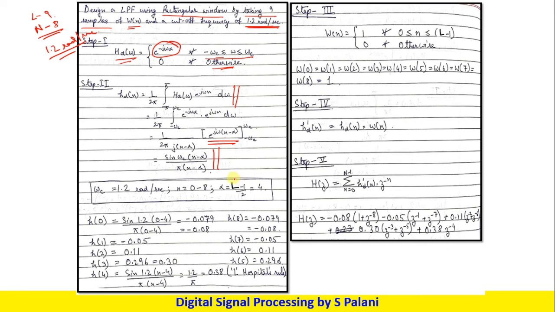Okay. And if you look into the filter coefficients Hn values that we have calculated, now we have to apply L'Hospital's rule at n equal to 4. In our last class, we discussed the shifting of the n values.